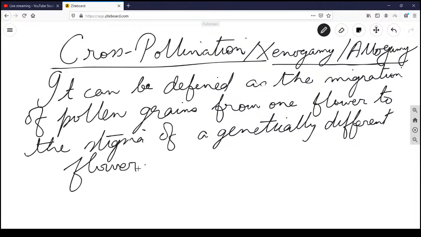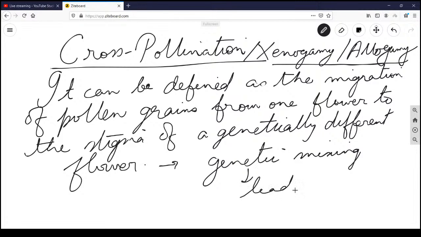Those different genes will come to mixing, and the genetic mixing will lead to more crossing over events, which is also known as genetic recombination, or more and more homologous recombination, which will then cause more and more variation to develop.